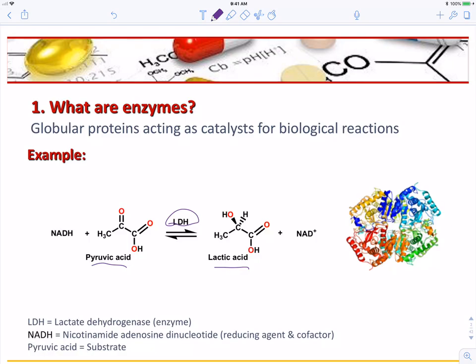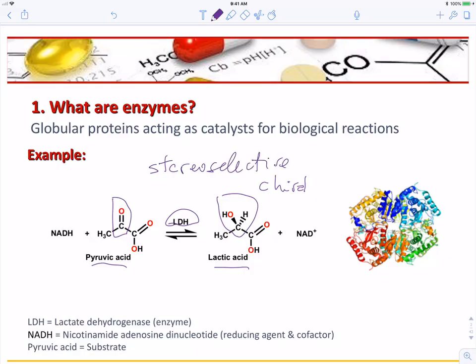When oxygen is absent, lactate is formed, and that's basically what happens in the muscles, for example, during overexertion. From the chemical point of view, the reaction we are looking at is the reduction of this ketone to an alcohol, and this reaction happens with formation of a chiral product, and it's so-called stereoselective.